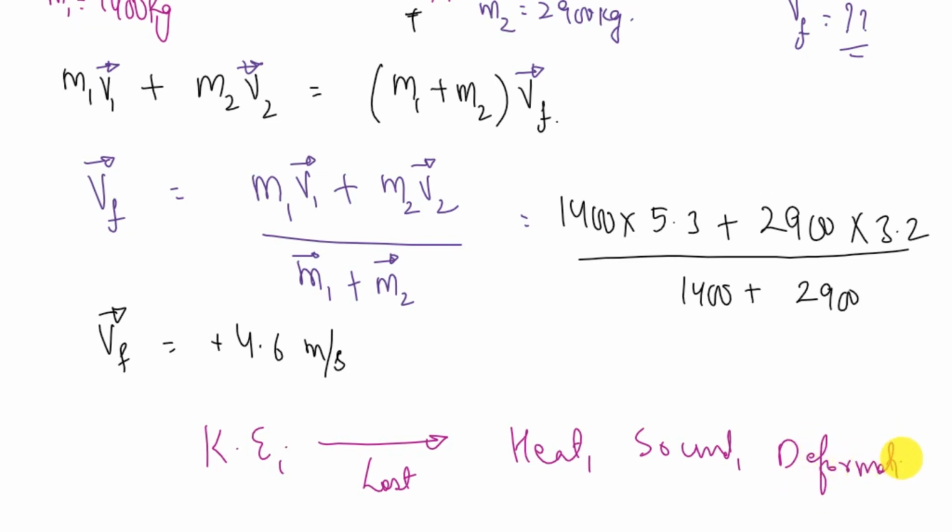Now if we want to discuss how much kinetic energy is lost, then based on this question we'll take one more question, that how much kinetic energy is lost here and how much is left with the system. So let's take one example on this. This is the next example, and here you can see we have two railroad cars. Both have the same mass.